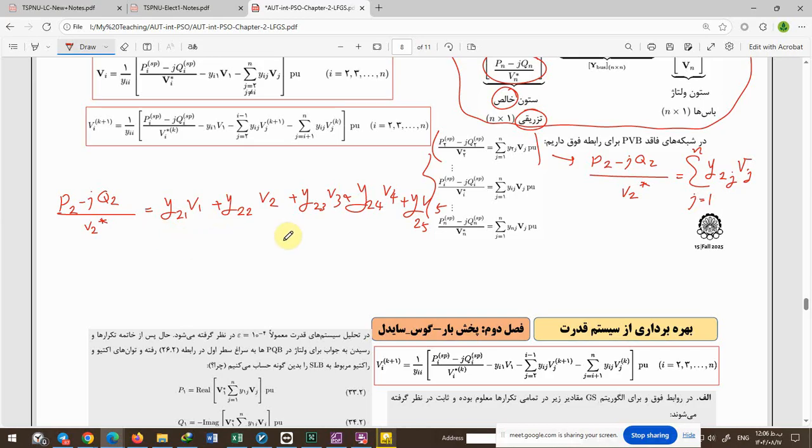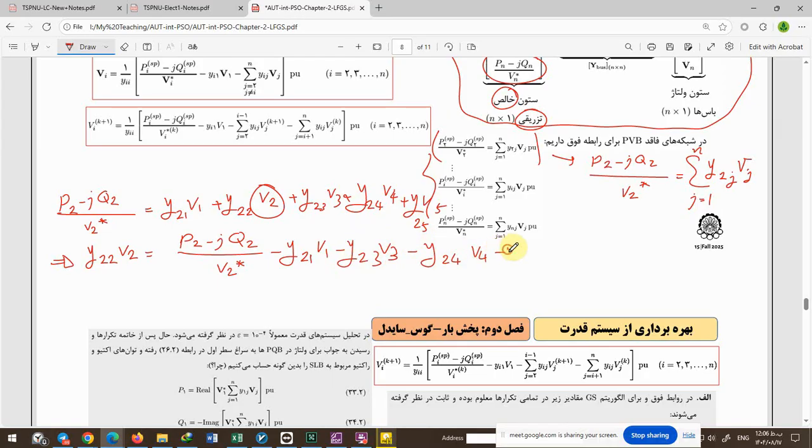And when you want to find, for example, V2, we can write Y22 V2 is equal to P2 minus jQ2 over V2 conjugate, minus Y21 V1 minus Y23 V3 minus Y24 V4 minus Y25 V5.